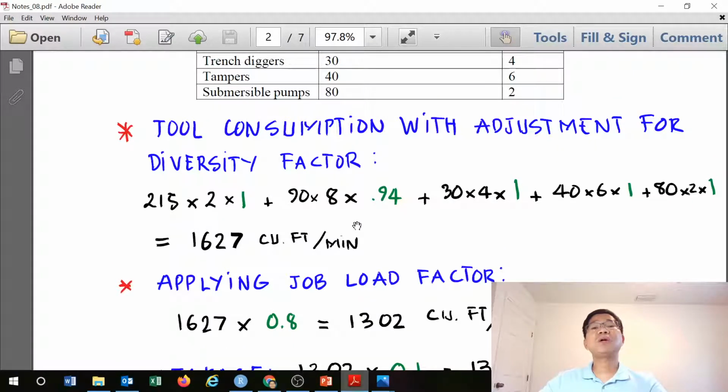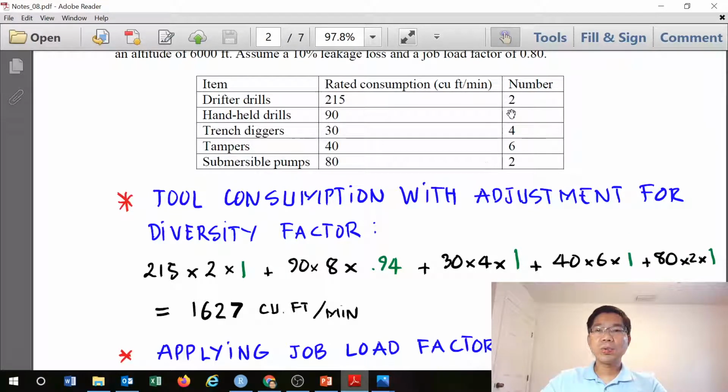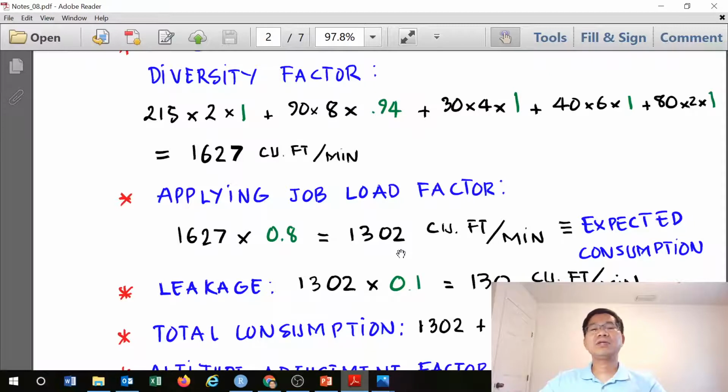And then we have to adjust for the chop load factor, because not all of these tools, being so many, will be used simultaneously. Basically we determine the probability that all the tools will be used at once, and from that we determine the chop load factor, in this case 80%. Multiply by 0.8, you get 13.02 cubic feet per minute, which is basically the expected consumption, because probability relates to expected consumption for your site given so many tools.